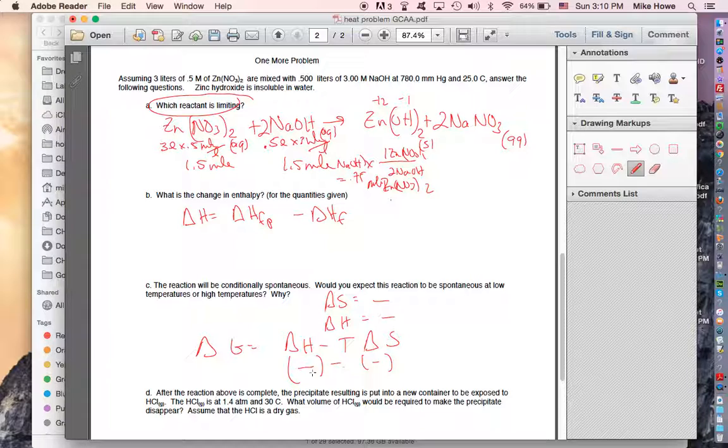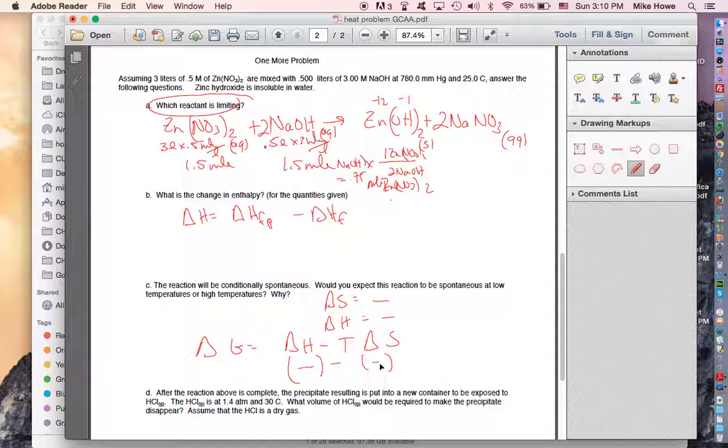Well, that means if this is big, then that would shift delta G to be positive. If this is a small number, then delta G will be negative because a negative delta H, this value, minus a small delta S number would still be negative, and that would make it spontaneous.